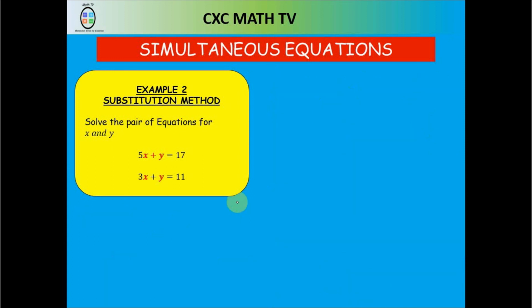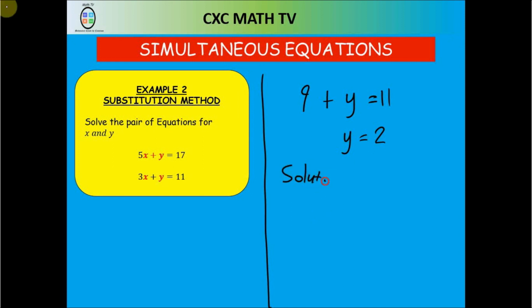But 3 times 3 is 9. So in that case, we're getting 9 plus y equal 11. And so what we get is y equal 2, because 9 plus 2 equal to 11. So our solution then is going to be x equal to 3 and y equal to 2.